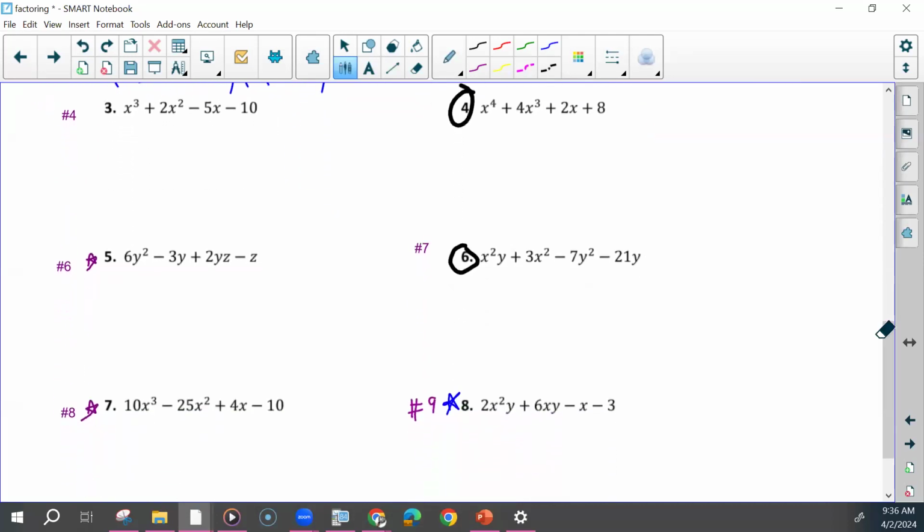So in number 3, go ahead and split that down the middle. What's our next step? What do we do after we split it down the middle?